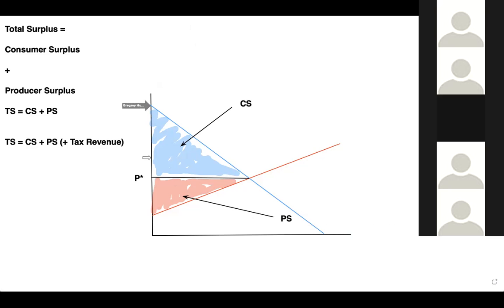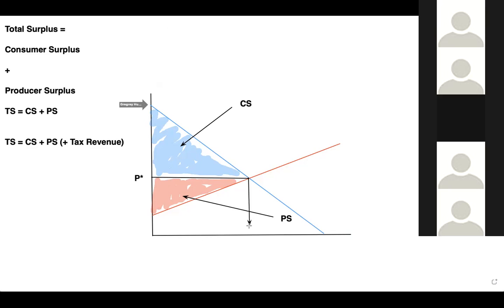You can see the height of the triangle here, if I had a specific number for P star and one for the vertical intercept of the demand curve, which is the choke price of the consumer. I can measure that distance, and then the base of the triangle is just going to be the equilibrium quantity, right? Can you see that?